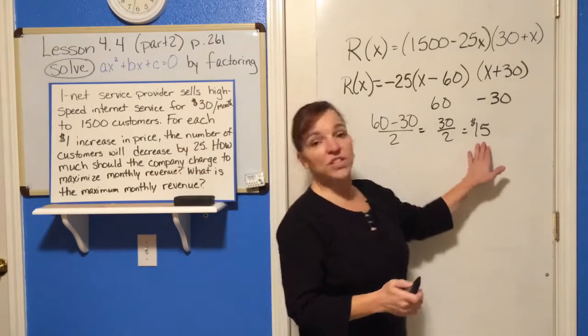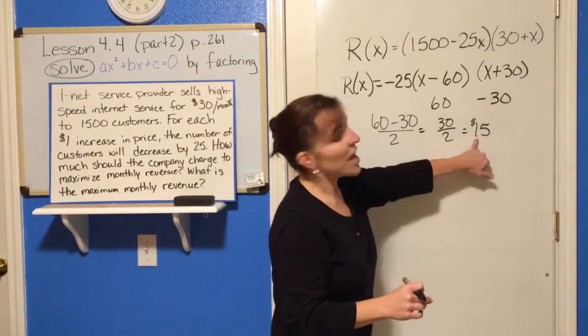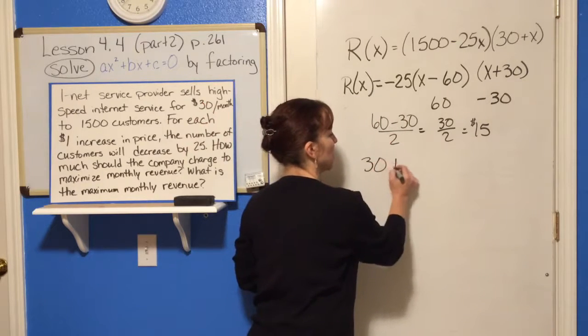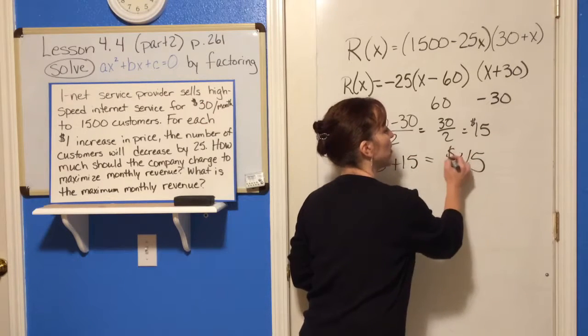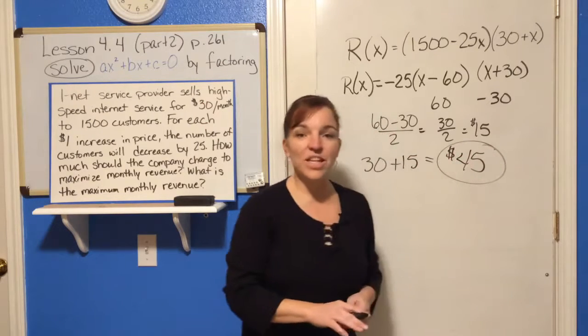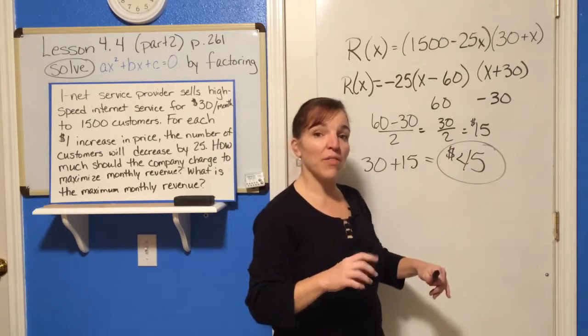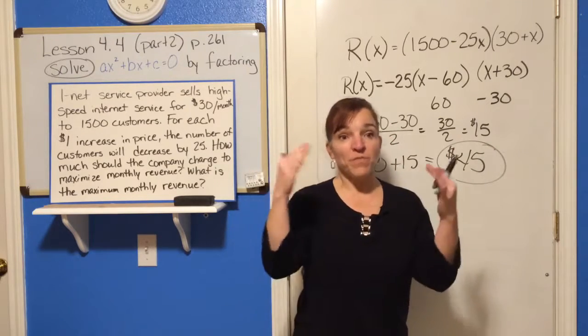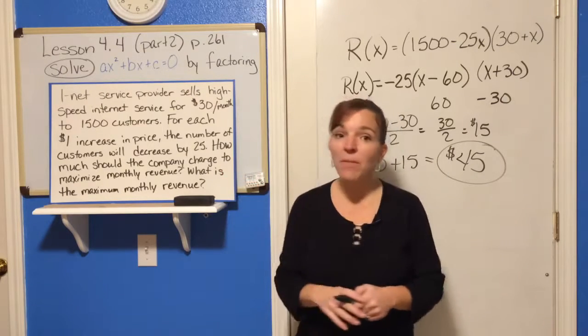They're going to add this $15, but remember they were already charging $30. So you take your 30 plus the 15, and they need to charge $45 a month. That's the answer to your first problem. If they charge $45 a month, they're going to make the most that they can possibly make per month. So what is the maximum monthly revenue?